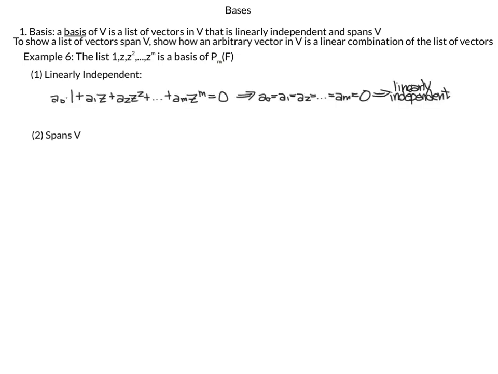It is fairly straightforward to show these are linearly independent because I'm going to multiply my scalar times my first vector 1 plus my next scalar times my second vector z plus another scalar times my next vector z squared all the way up to my mth scalar times my mth vector z to the m and set it equal to 0.